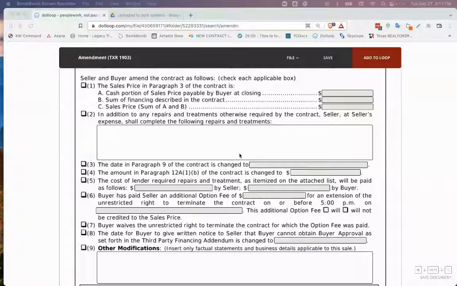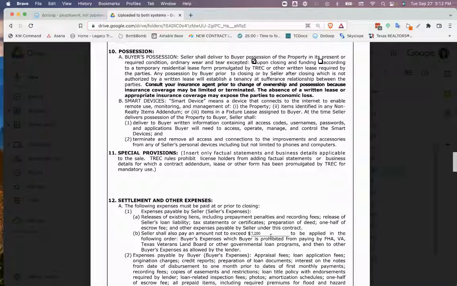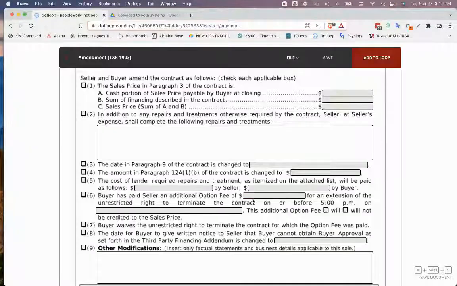What I really want to point out is that if there are seller concessions already on the contract, you need to make sure however much you're wanting in seller concessions, you add that to what's currently on the contract. So for example, in this contract, we have $7,200 in seller concessions. So if you were going to ask for $2,000 more in seller concessions, that would become $9,200. So always add to make sure you don't accidentally leave them with less seller concessions.